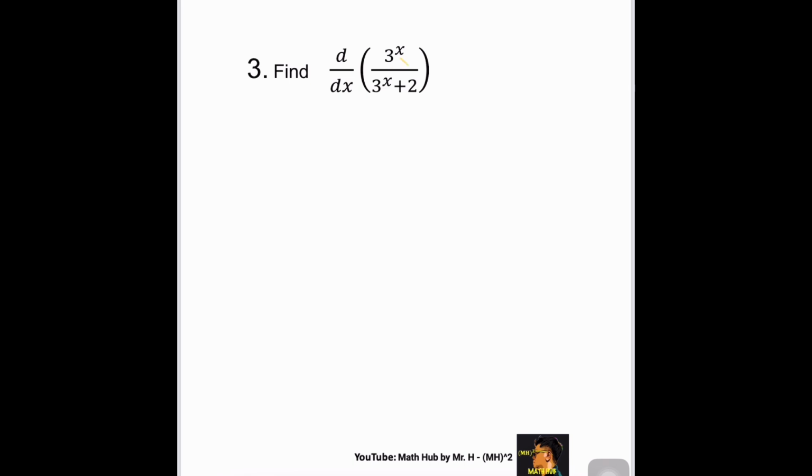Find the derivative of 3 to the power of x divided by 3 to the power of x plus 2. All right, as you can see here, the operation is division, and if you recall one of the rules in finding the derivative, you immediately think of applying the quotient rule.